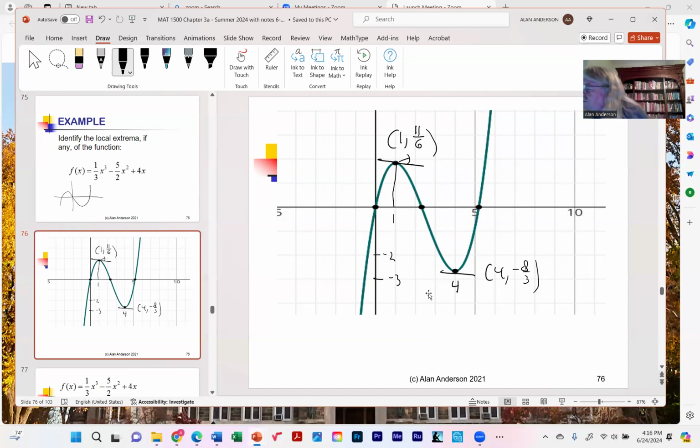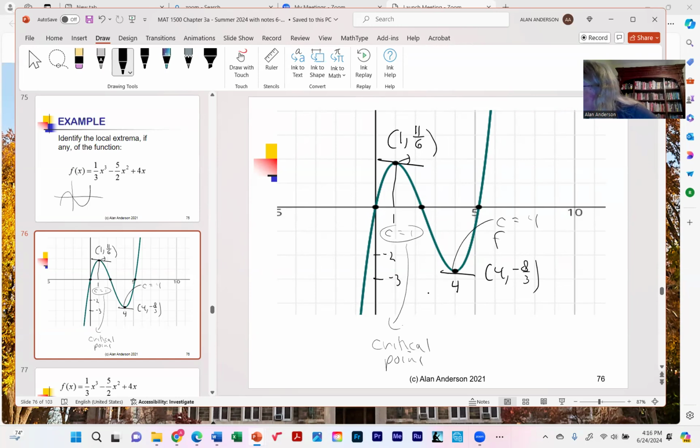So this C equals 1 here, because you can visually see that this is clearly a local maximum, this must be a critical point. And then again at 4, when C equals 4, the tangent line is flat.